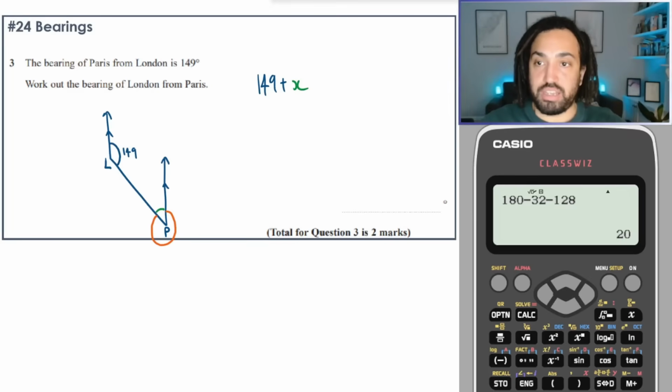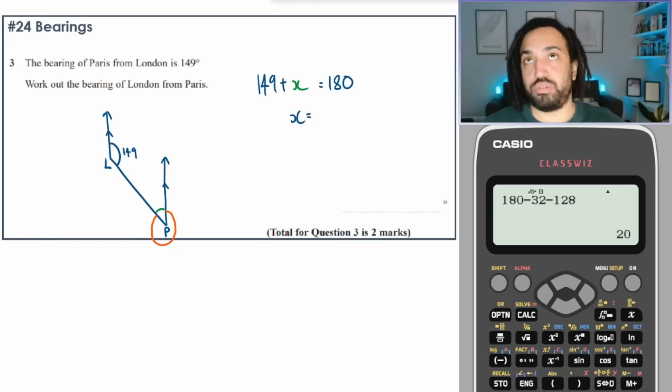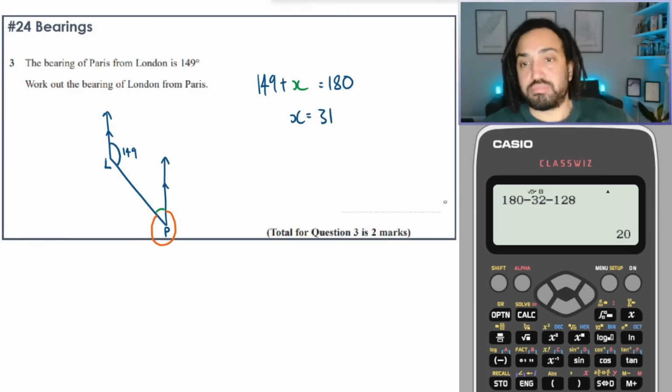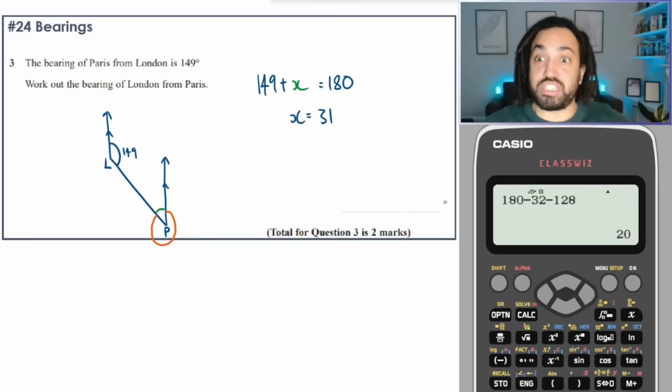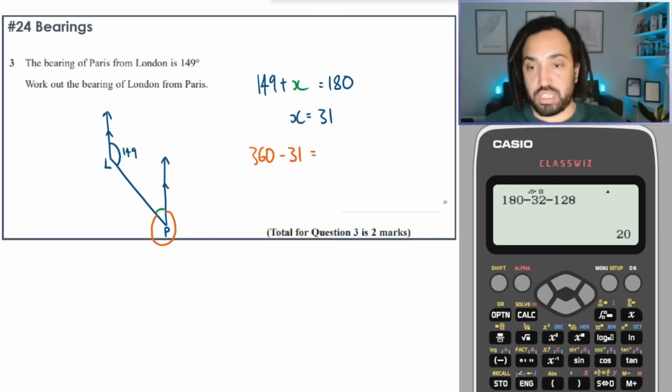So we get this sort of equation like that, which means that the green x is equal to 31. Okay, which means that the orange angle, which is the bearing we're looking for, is 360 minus 31, which is 329.